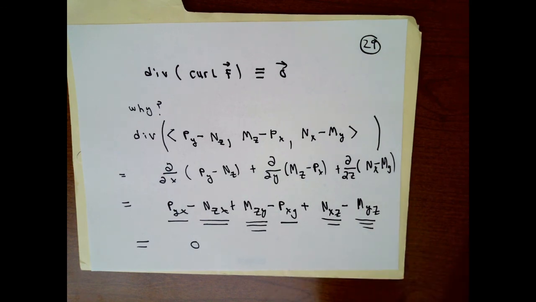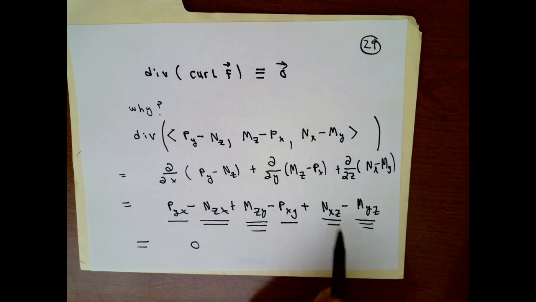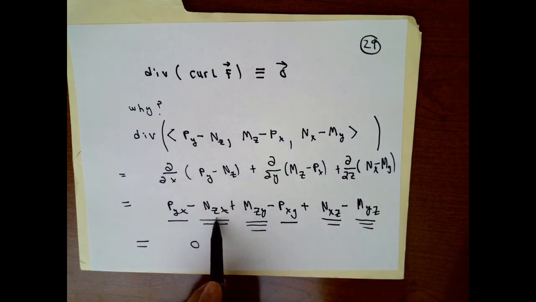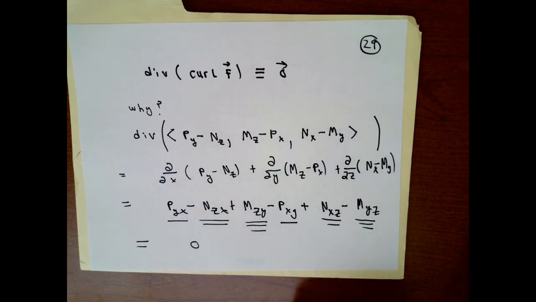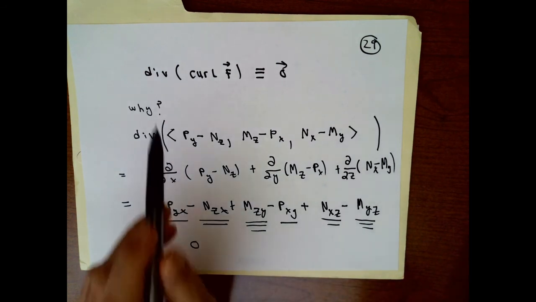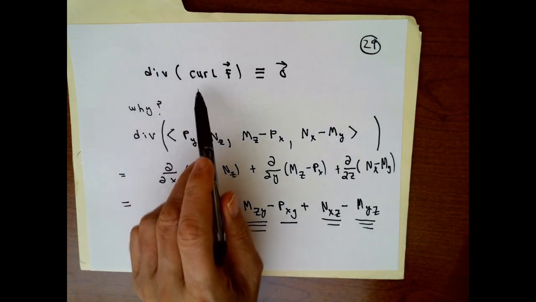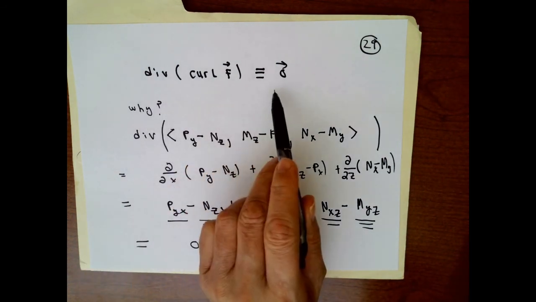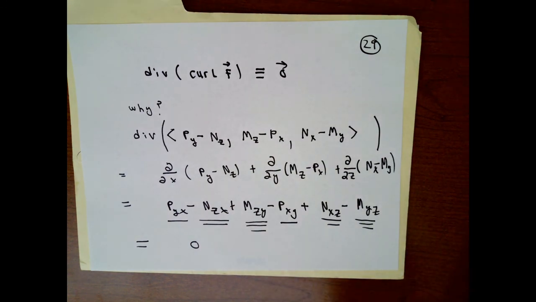They'll cancel out too, and that minus that also cancels out. So as long as these derivatives are continuous, which is going to be almost always for us, you're guaranteed that the div of the curl of f is identically equal to 0.